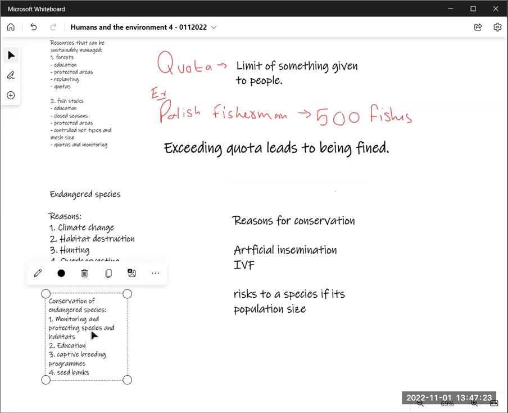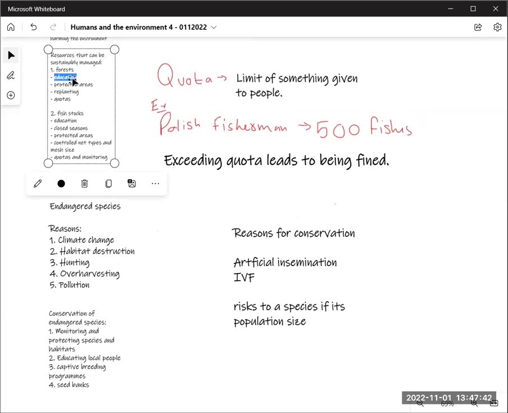In education, please write educating local people or educating people. Educating local people, and again in education, where else did we do education? Education in sustainable development management and in fish stocks.